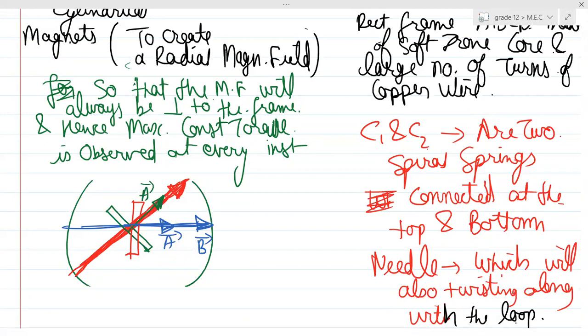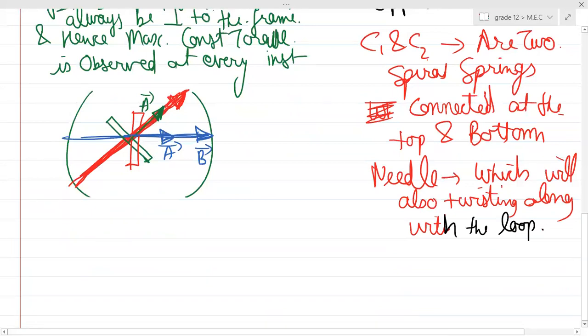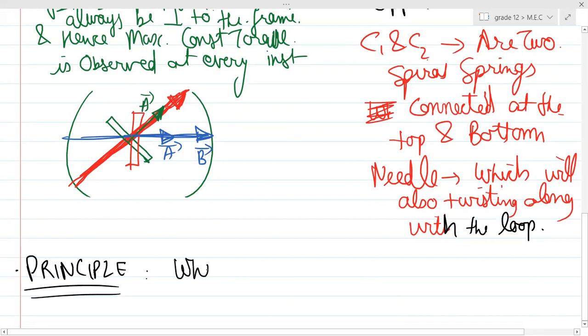What is the principle on which it is working? Can anyone tell me what is the principle on which it works? Torque experience.